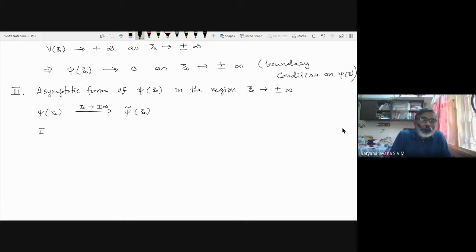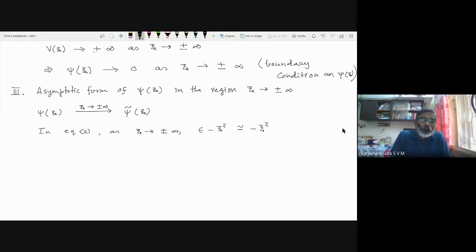In equation 2, as xi goes to plus or minus infinity, epsilon minus xi square can simply be written as minus xi square. Epsilon can be neglected because xi is so large now.